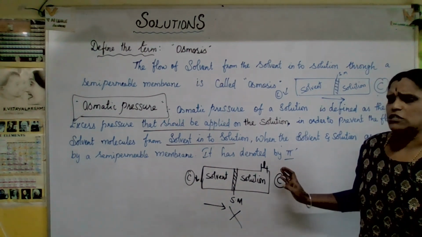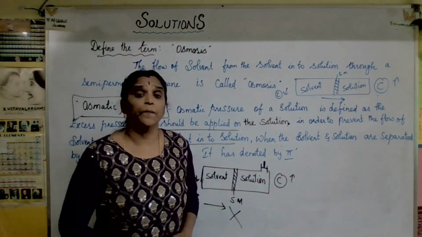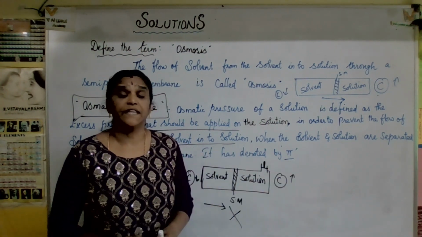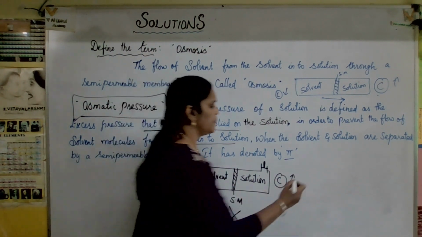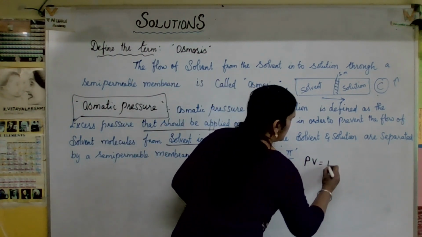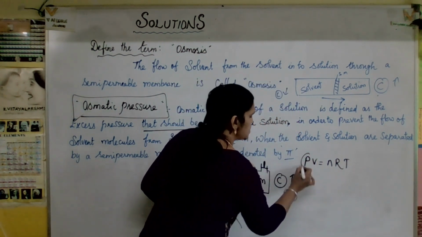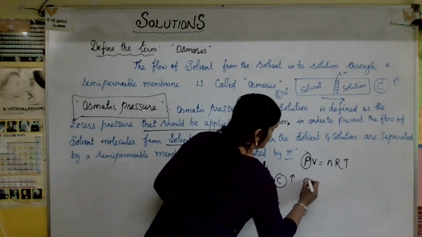Now, osmotic pressure is denoted by pi. What do you mean by pi? See here, van't Hoff observed the ideal gas equation. What is the ideal gas equation? PV equals nRT. The same way, instead of pressure, osmotic pressure is taken.